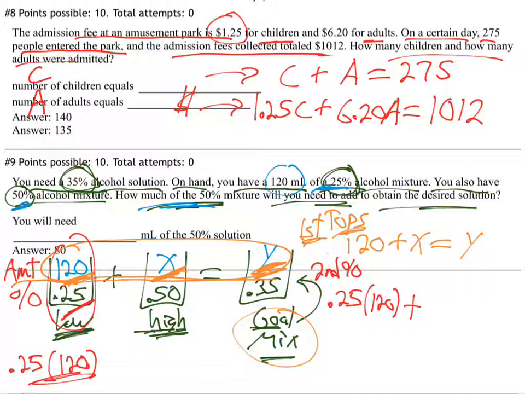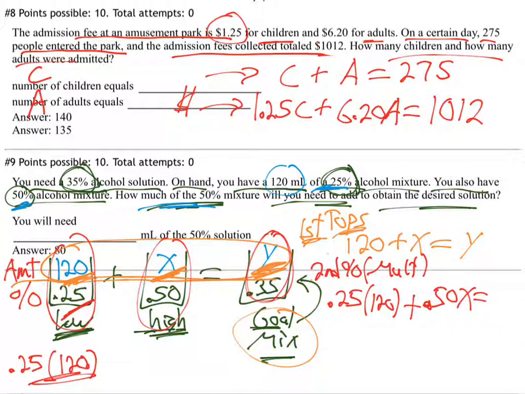You're taking 25% of the whole thing, right? Plus, multiply these two, 0.50x must equal, multiply these two. So the second is always coming by multiply. This is going to be 0.35y, right? Multiply these two together.